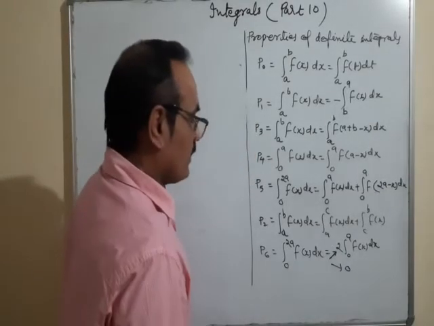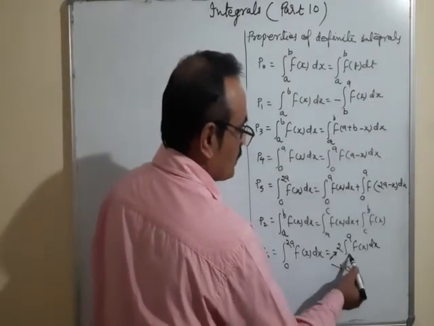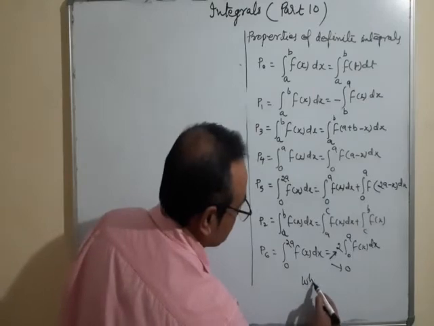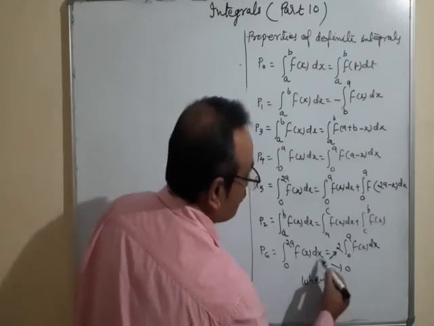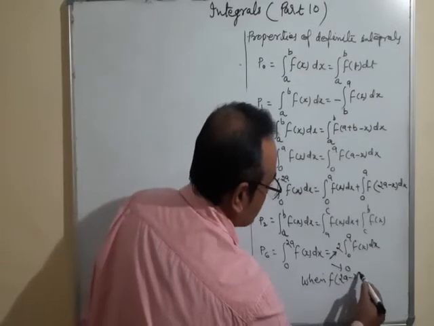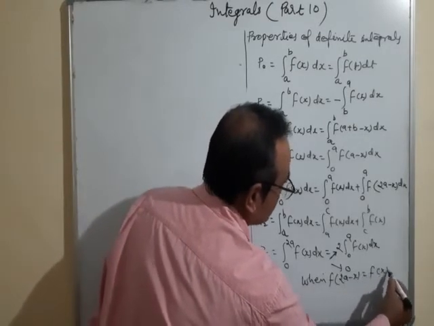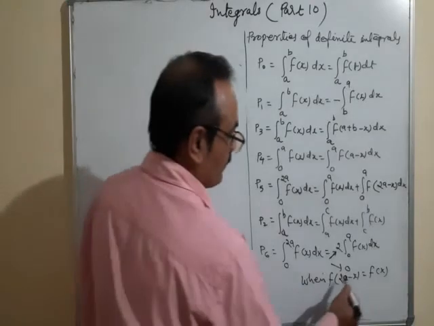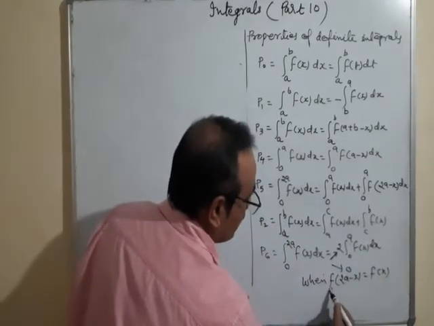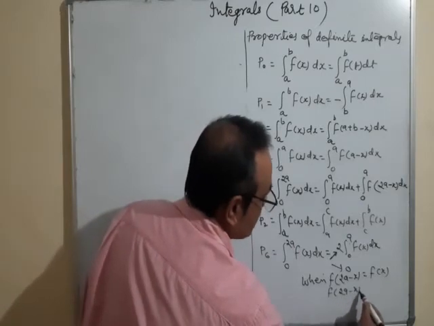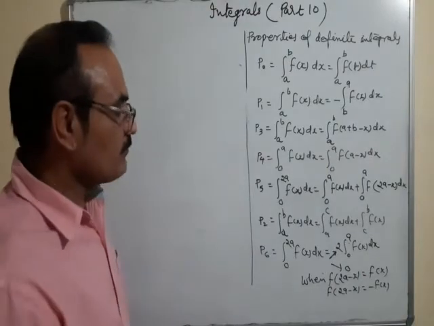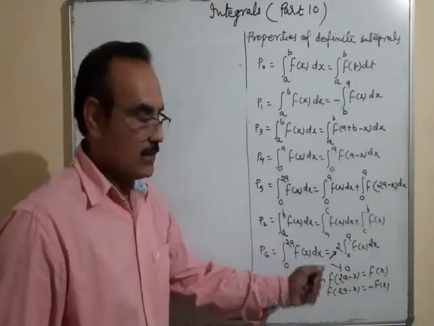So one is the integral from 0 to a of f(x) dx when f(2a minus x) is equal to f(x). Okay, when f(2a minus x) is equal to minus f(x), then the value is 0. Okay, so I'll write it properly.